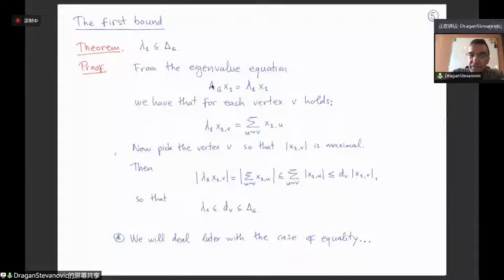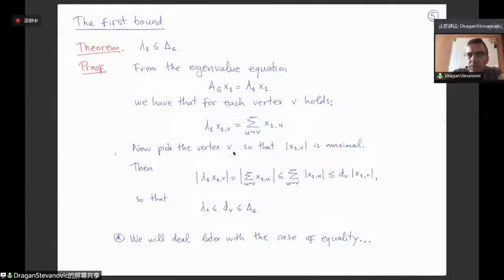So in the row v, it contains ones for the vertices that are adjacent to v, and it's 0 everywhere else. So in this product, we will have the sum of eigenvector components only for those vertices that are adjacent to our vertex v. So this is the eigenvalue equation at the level of a particular vertex.